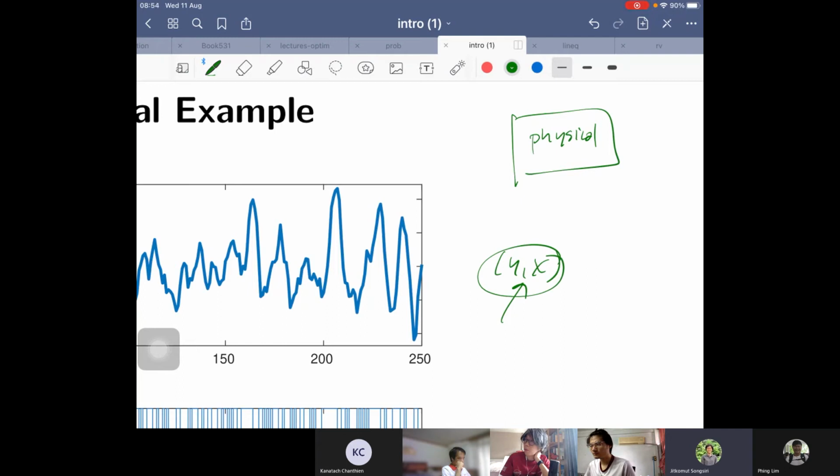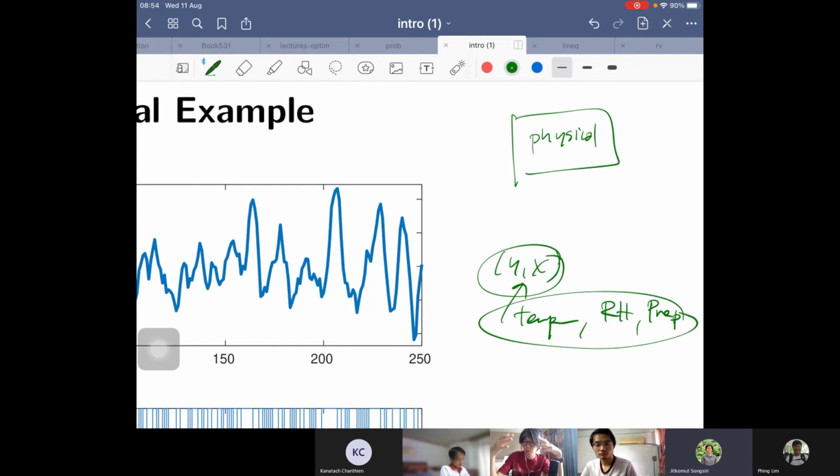Or, for example, if you would like to forecast the weather, like temperature or humidity or precipitation, rainfall, what you do is you just install a sensor and measure it. But you have no access and no control in the experiments of collecting those data, because those variables are obtained from nature.